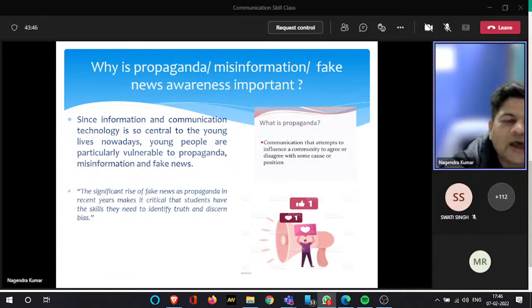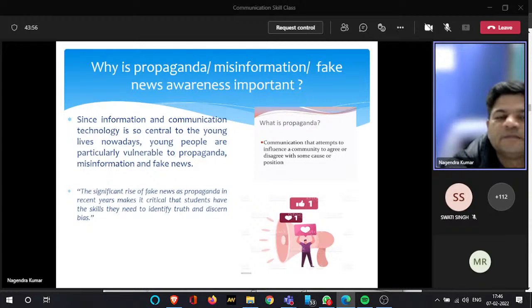And then our country has a very low literacy rate. So a lot of media users are illiterate people, and whatever they see, whatever they receive, they take it to be true.